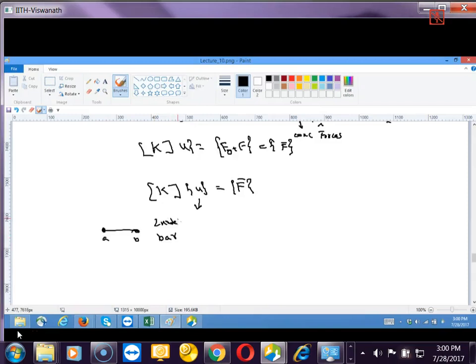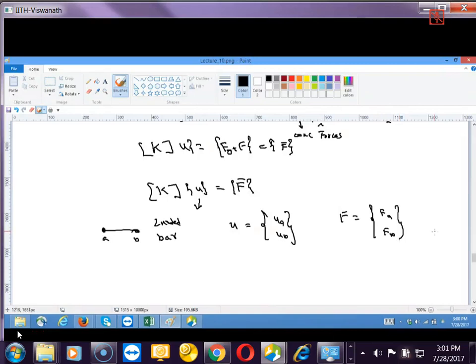For a two-noded bar, u is nothing but ua, ub, and f would be FA, FB. The values you can get by integrating this expression with respect to shape functions. So it's not a big difficult task.